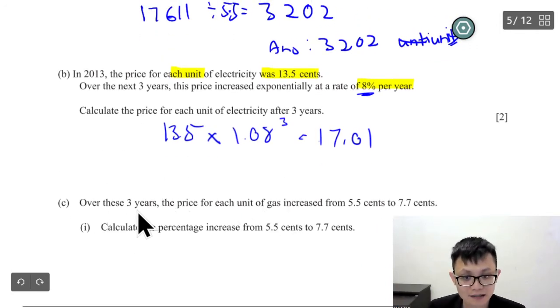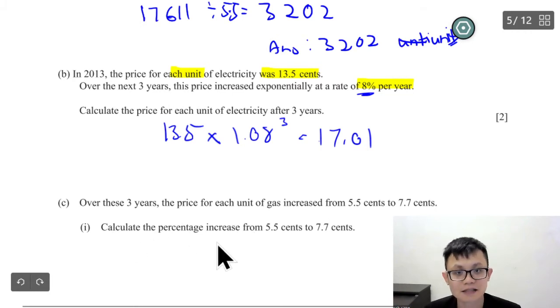Over these 3 years, the price for each unit of gas increased from 5.5 cents to 7.7 cents. Calculate the percentage increase. Usually students get confused about what this is over: 5.5 or 7.7.